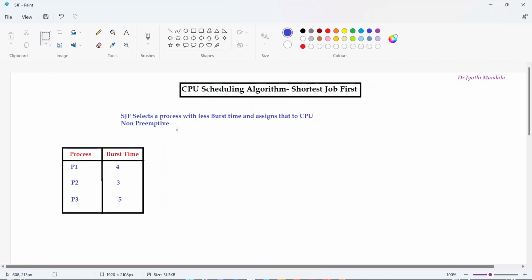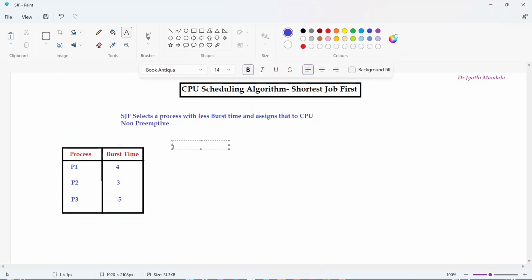Now, what we need to write down: we need to mention three parameters here, the way we solved in the last problem. First is the ready queue, then we need to draw a Gantt chart, and then we need to find the average turnaround time and the average waiting time.